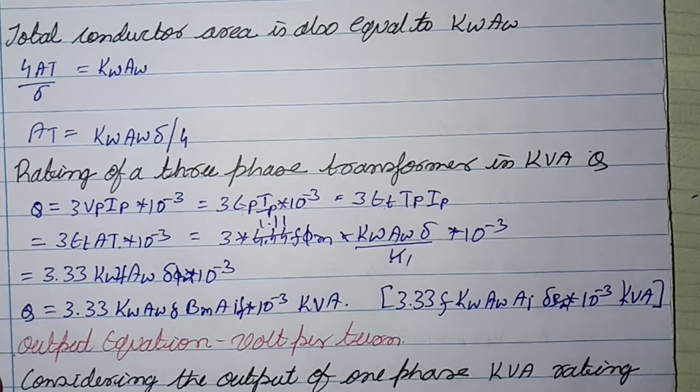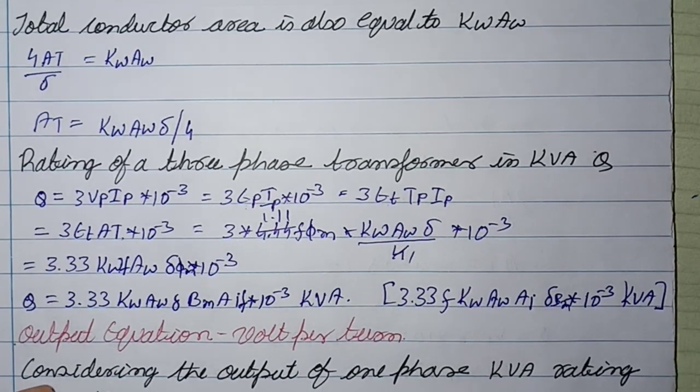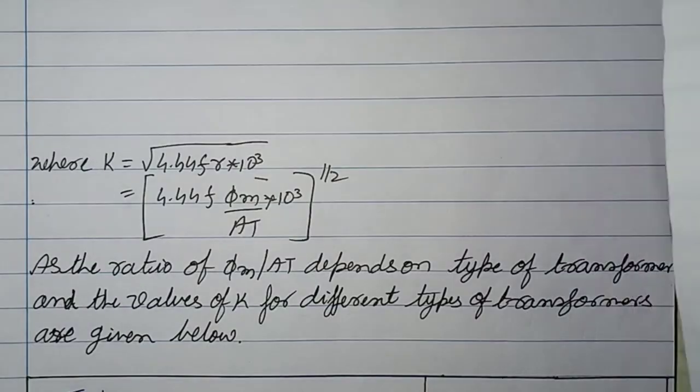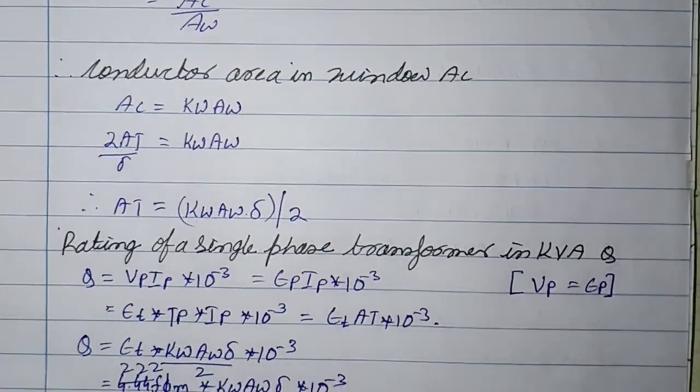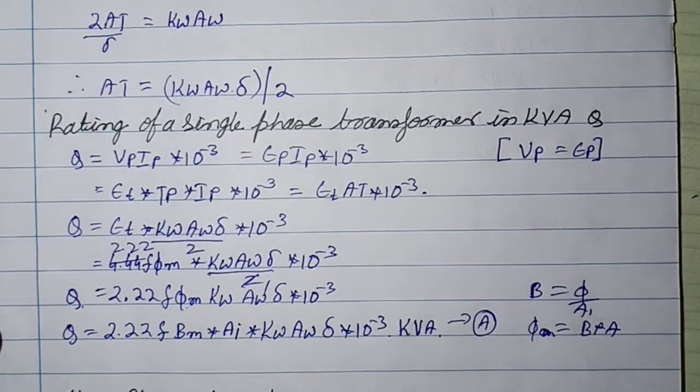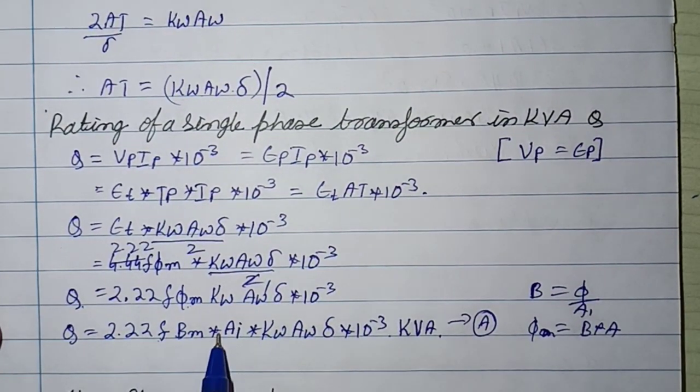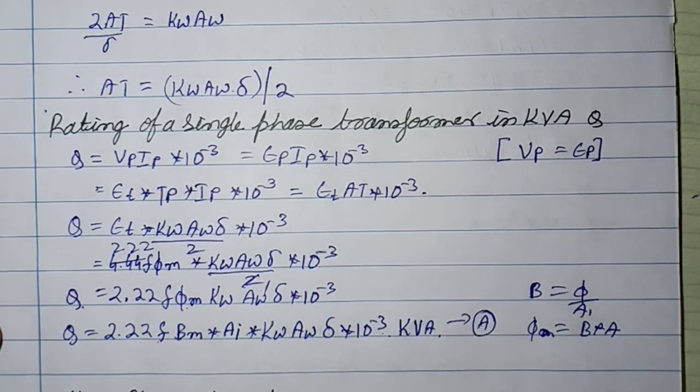Okay, so these final equations that we have are for single phase and three phase. For single phase, we had equation A: 2.22 F Bm delta Kw Aw Ai into 10 raised to minus 3 kVA.